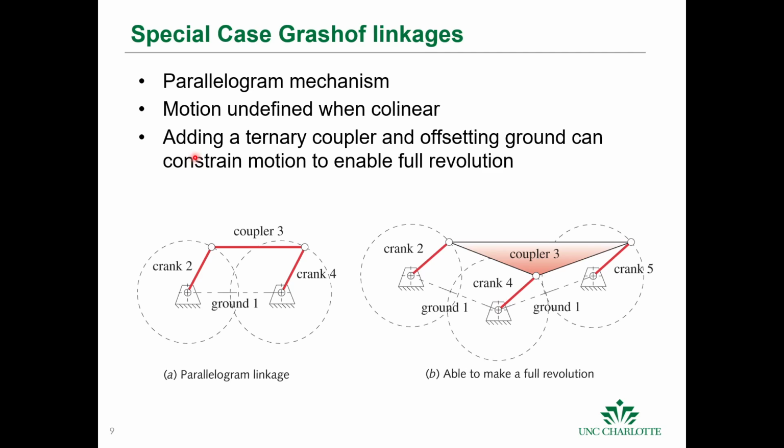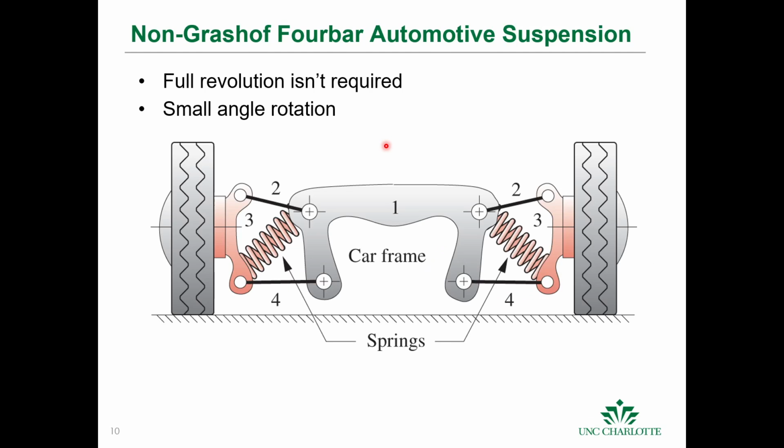Okay, so one way of avoiding that uncertainty is to prevent motion through when they become collinear, or to add a ternary link in there and then offset the grounds so that you can get full rotation around each of the cranks if you need it. So those are the basic grammar of mechanisms.